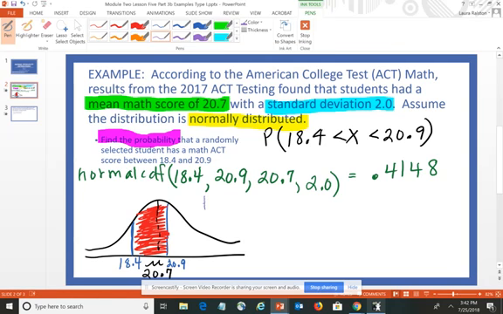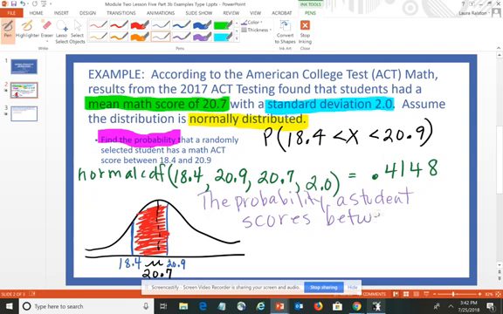What that means to us is the probability a student scores between 18.4 and 20.9 is 0.4148, or approximately 41%. All right, one more.